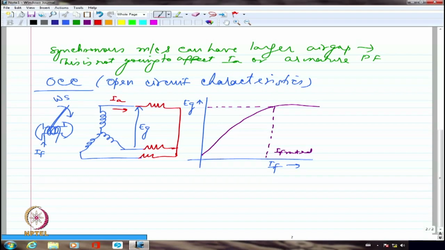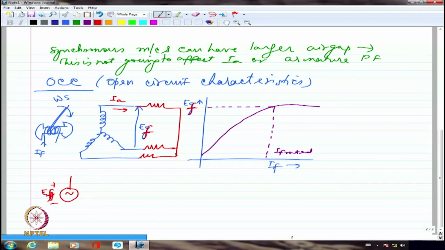So if I look at my armature equivalent circuit alone, I will have an excitation EMF, EG or EF. Generally, many of the books mention this as EF, so let me also mention this as EF. This is the induced EMF in the stator due to field only, not due to armature, only due to field.